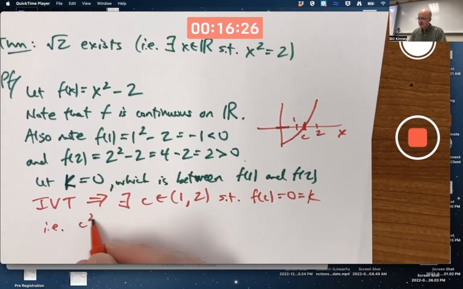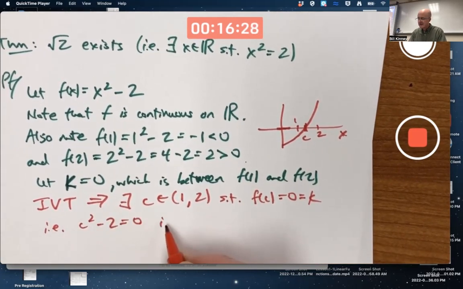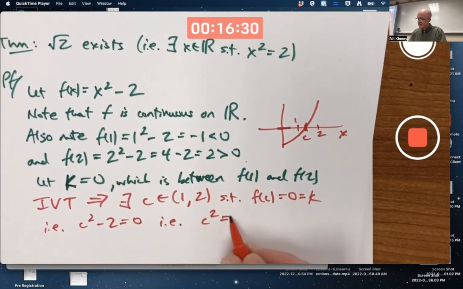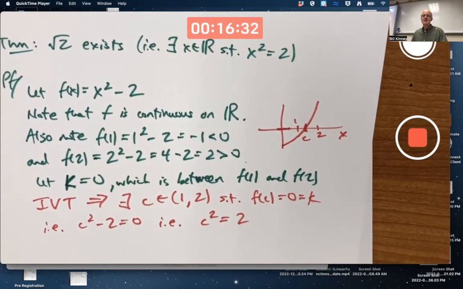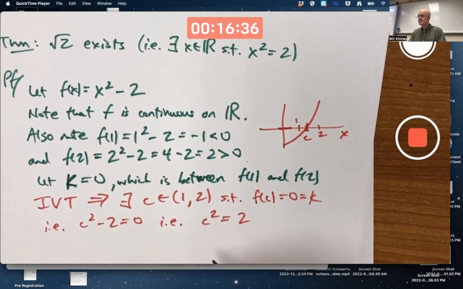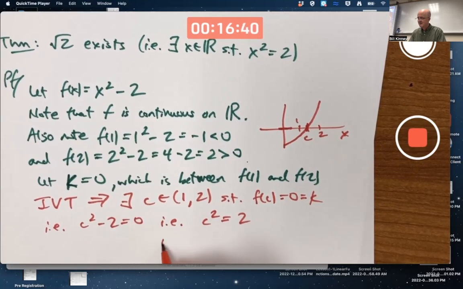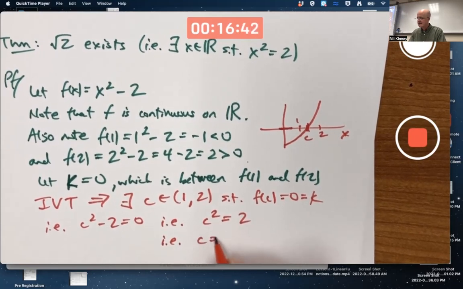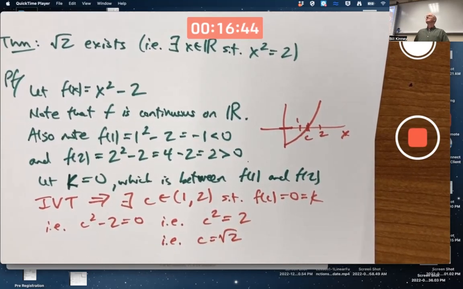I.e., c squared minus 2 is 0, i.e., c squared equals 2. So c is by definition the square root of 2. I'll do one more i.e.: c is the square root of 2. I.e., by the way, is a Latin abbreviation, if you've never known this. I forget what it stands for, but it means in other words.